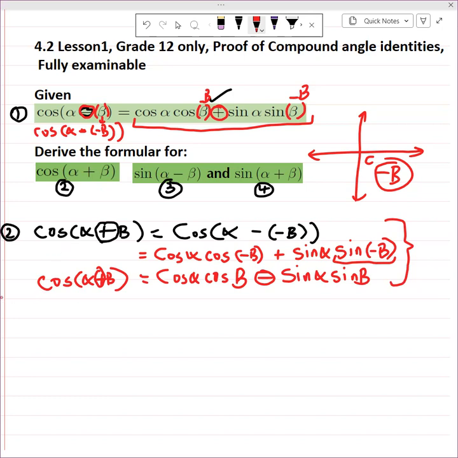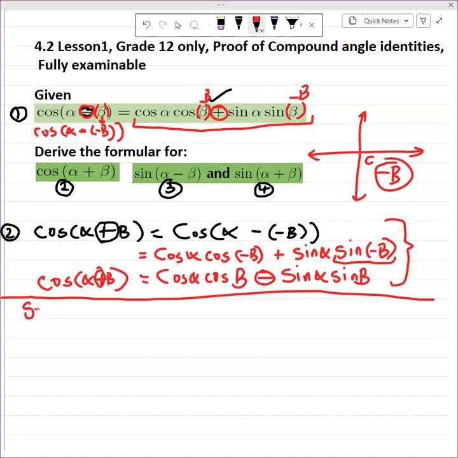Perfect. So now we're going to prove the ones for sine. To prove the one for sine, we're going to firstly use this fact.